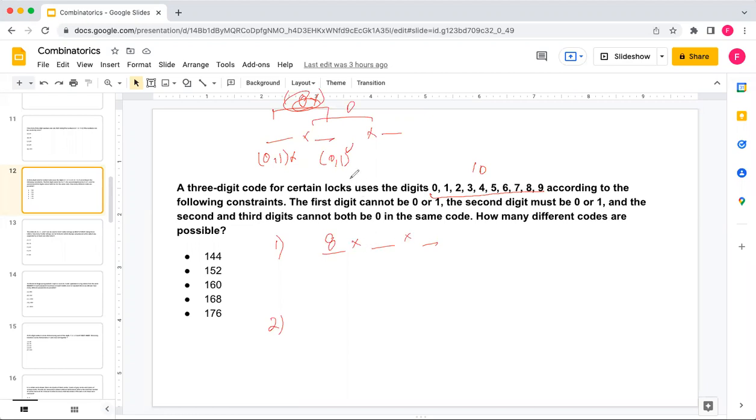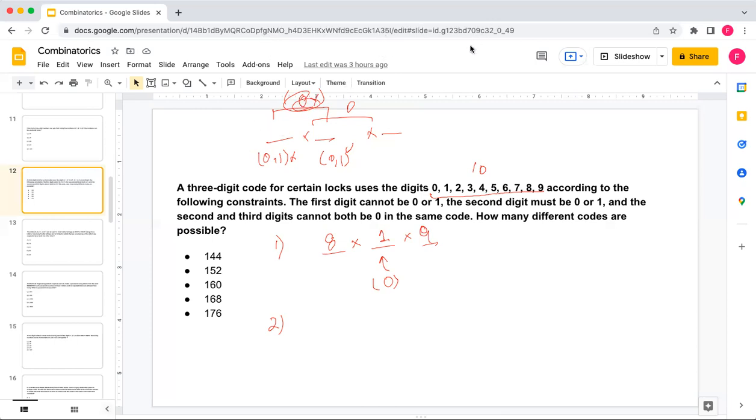Now for the second one, that must be 0 or 1. For example, if I consider this as a 0, there is only one option available. And the question says that the second and third one cannot be 0 at the same time. So how many options are available for the third one? 9. Okay, so this is the first condition.